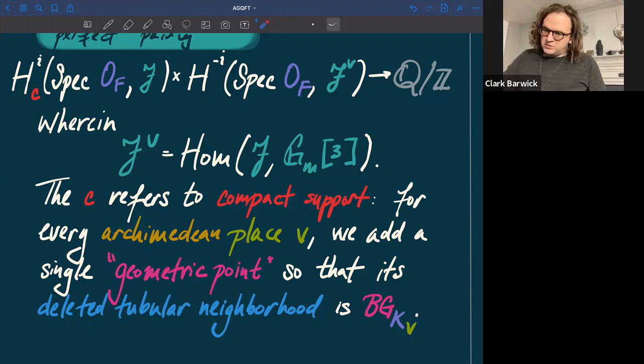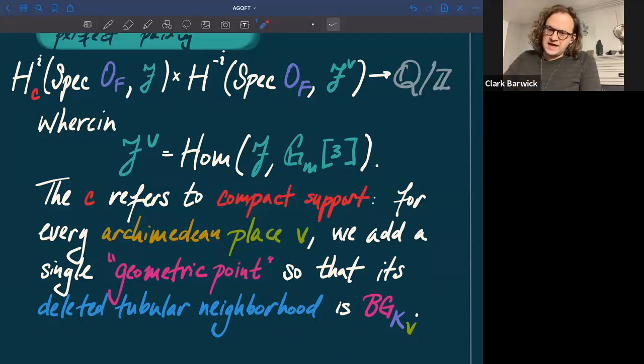The traditional way of doing that is to add it so that the deleted tubular neighborhood is the classifying space of the completion. So in the same way that the étale homotopy type of, say, Spec of a local field is really nothing more than the classifying space of the Galois group, we're going to do the same thing for the Archimedean places. And we're going to simply choose this to be our deleted tubular neighborhood. I'm going to come back to this point because I want to modify this to get a slightly better theorem out of this, but that's going to be toward the end of this talk. In any case, what's the point here?